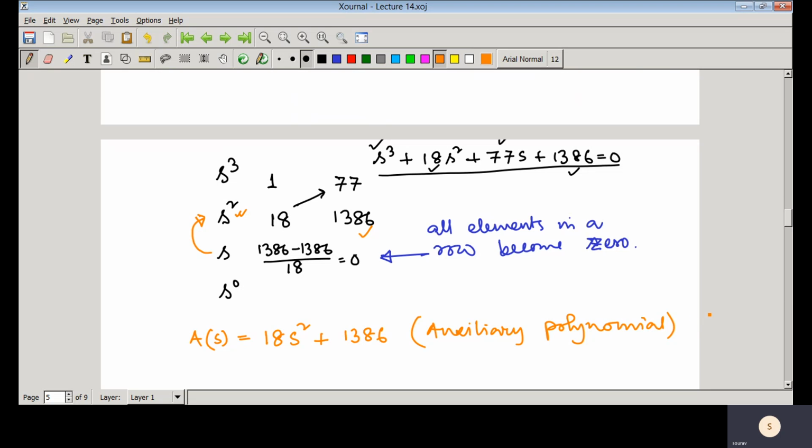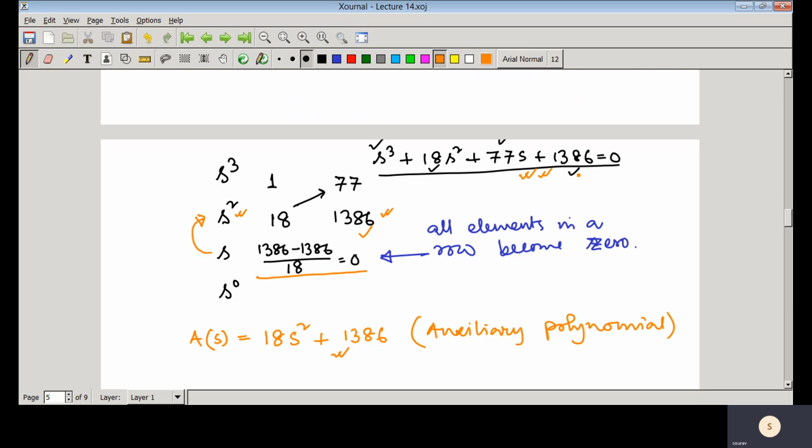Interestingly, it is found that whenever a particular row of a Routh table becomes 0, and when we form an auxiliary polynomial like this, this particular polynomial is one of the factors of this original polynomial.